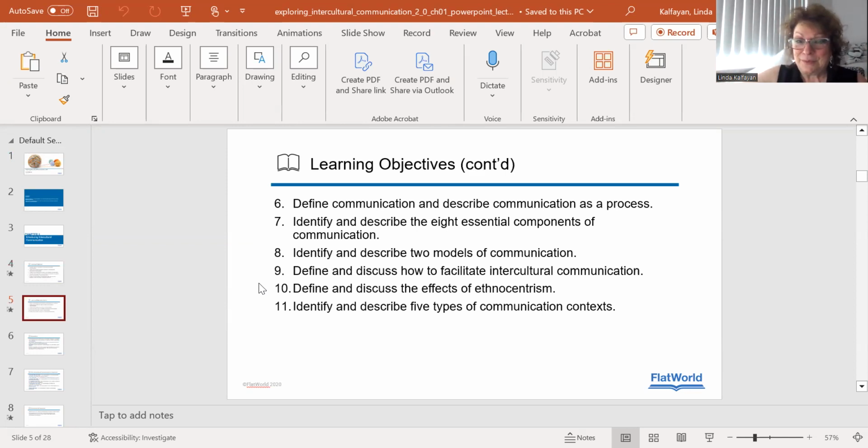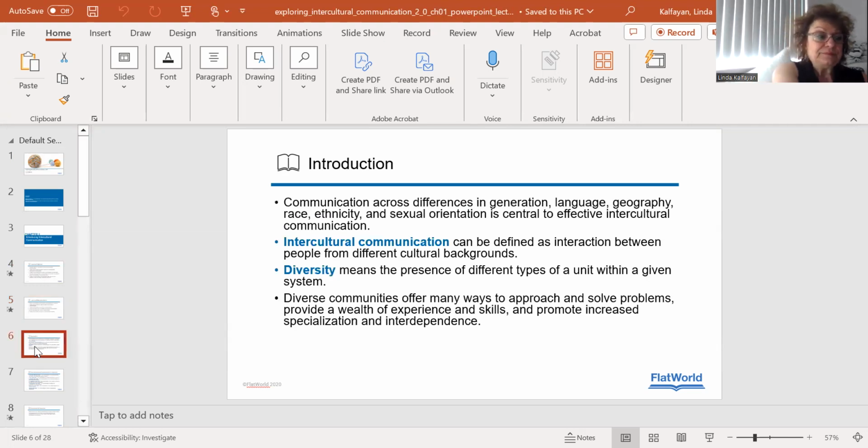So you want to pass the ball around. Define and discuss the effects of ethnocentrism. So ethnocentrism is where one person may feel that their culture is better than the others. And identify and describe 5 types of communication contexts, and contexts is a synonym for situations.